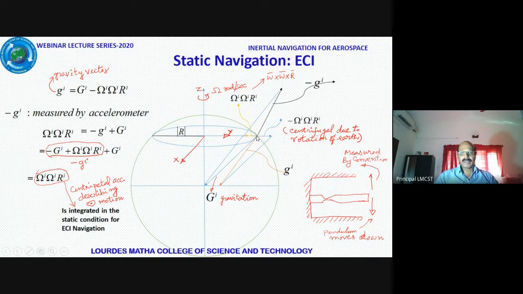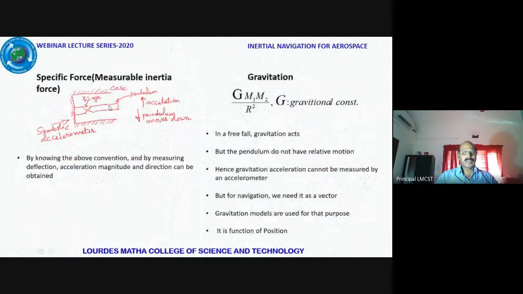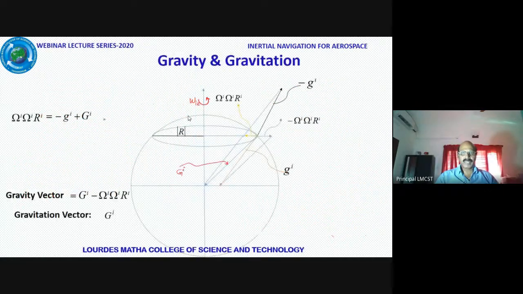What is that? Here, this specific force, which is the measurable inertial force, and the gravitation vector, which is not measurable, when you add up these two, you get the real total inertial acceleration. That being the premise, we will be coming back to this again in a short while.